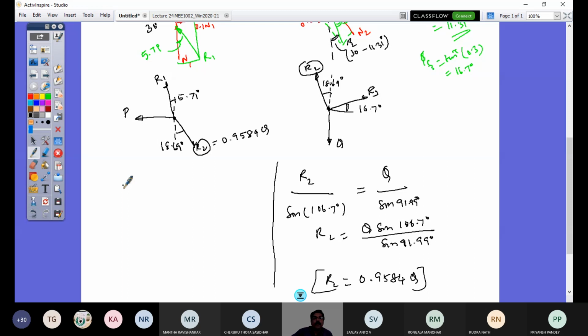So P by sine of the angle included by these two, how much is it? You can see that this 18.69 you subtract from 180 degrees and add this 5.71 to the remainder. So 180 minus 18.69 plus 5.71, that's 167.02 degrees.